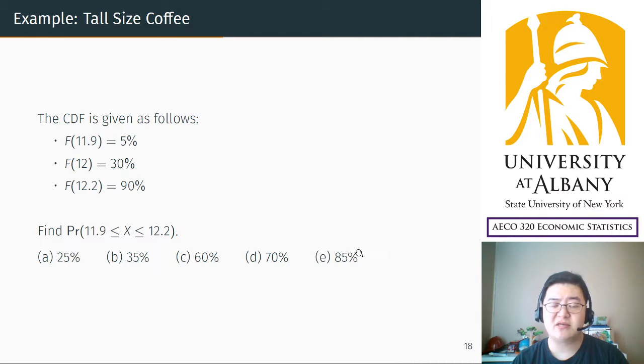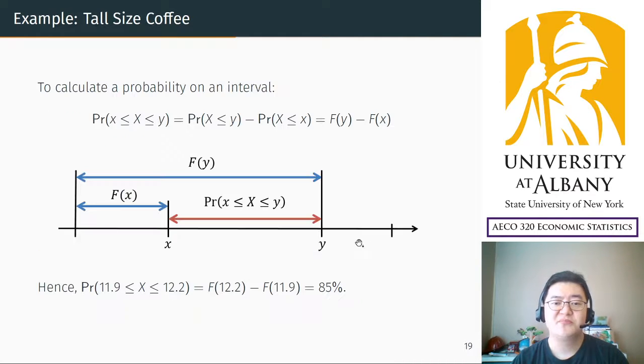Let's think about this again. It is easy to understand on a graph. As I said, understand the probability as a length. The whole interval is from here up to here, the starting point and ending point, minimum and maximum.